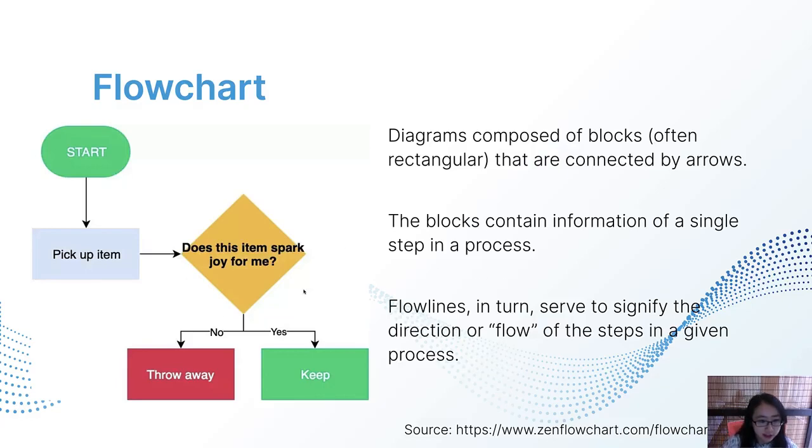So as you can see on the diagram, each box contains the activity, such as pick the item up, or throw away, or keep. And the lines you see here are called flow lines, which indicate the flow of the step. So if you look at the arrow, it means that you go from start to pick up the item.